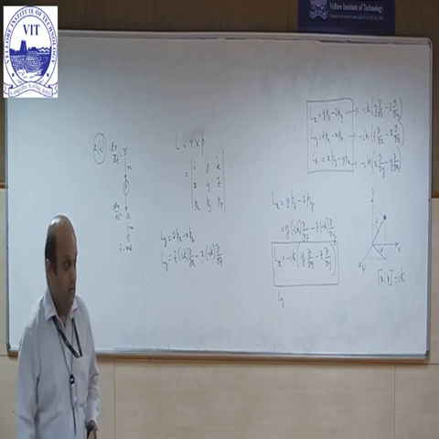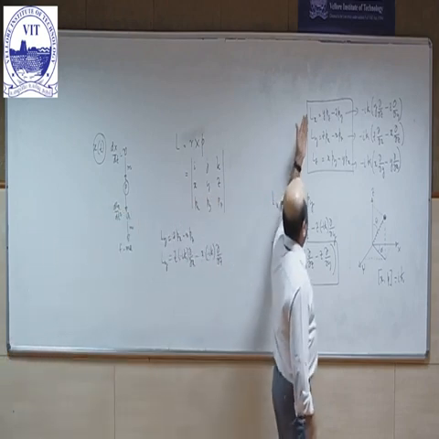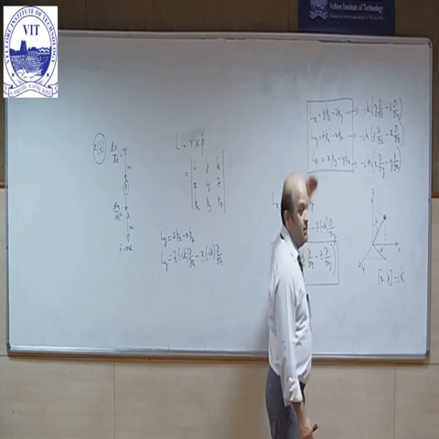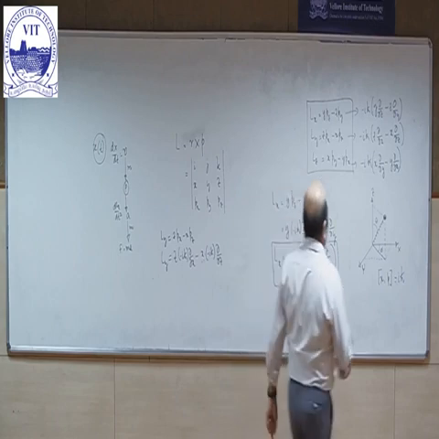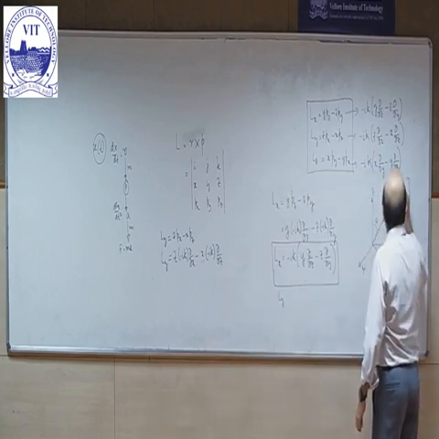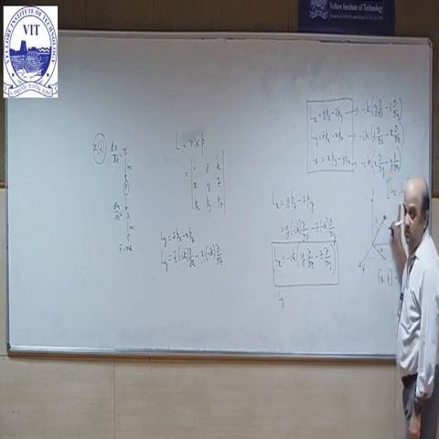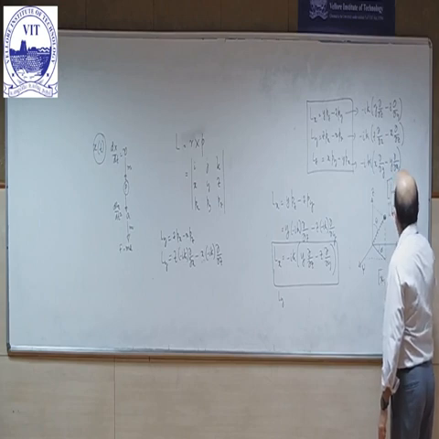So now the problem is not solved. My question was whether I can measure Lx, Ly, and Lz simultaneously. That means I want to find out what happens to the Lx, Ly commutator relation. What happens to Ly and Lz, for example, or Lz and Lx.